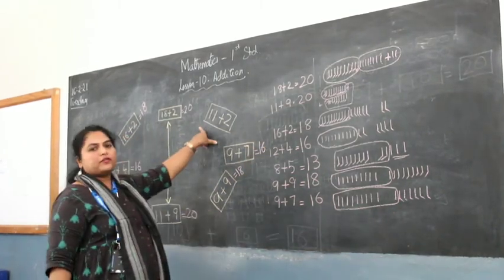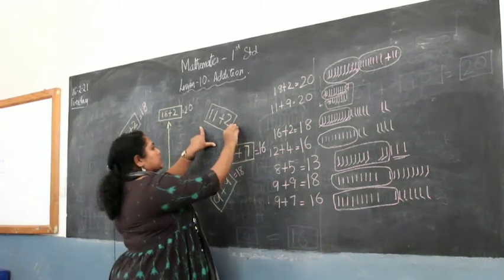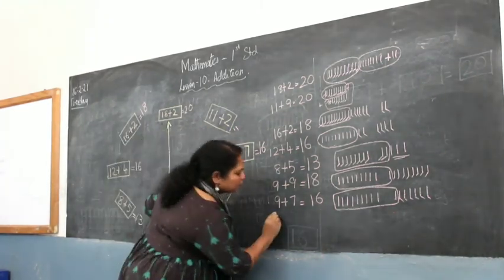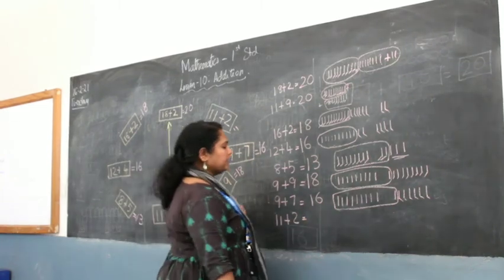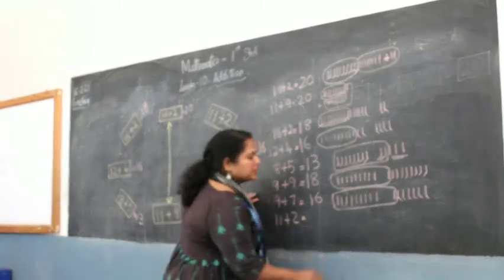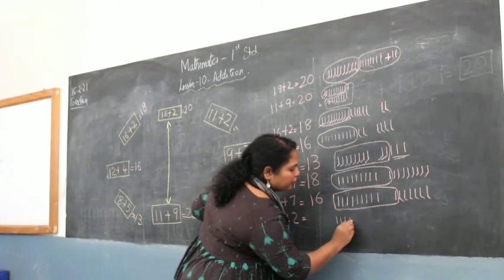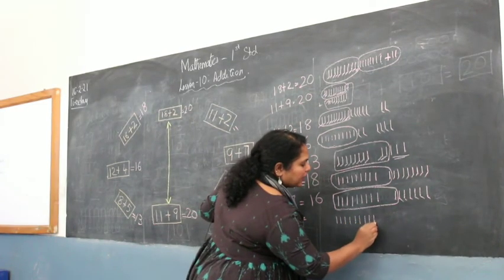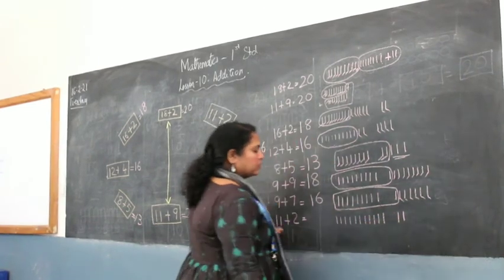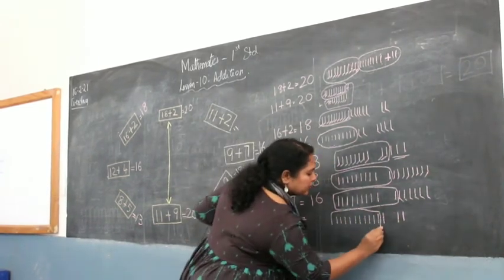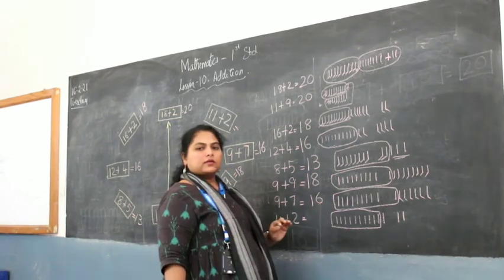The last set of numbers to be added is 11 plus 2. How many sticks first? 11. 1, 2, 3, 4, 5, 6, 7, 8, 9, 10, 11 plus 2. 1, 2. So this is a group of 10 sticks.